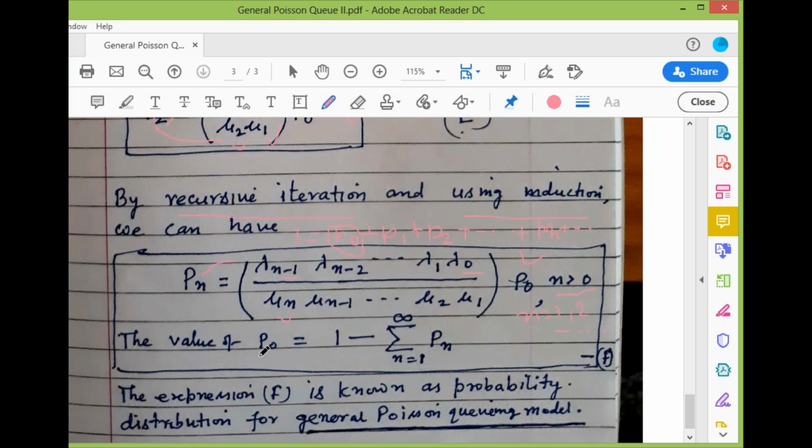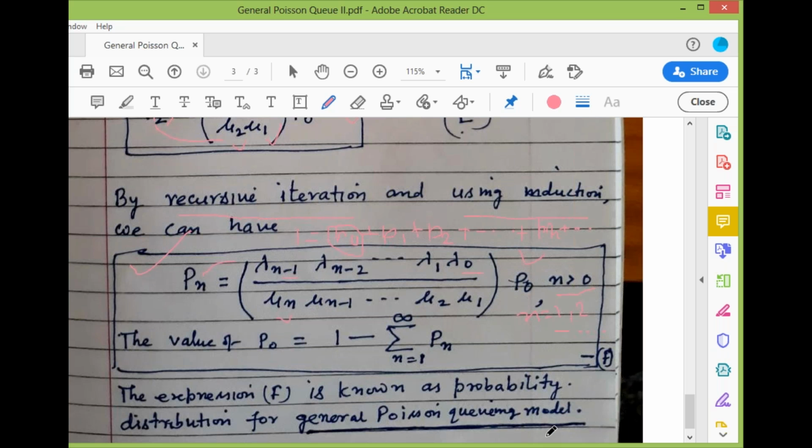Remember this expression, in this big bracket. This expression is known as the probability distribution for the general Poisson queueing model.